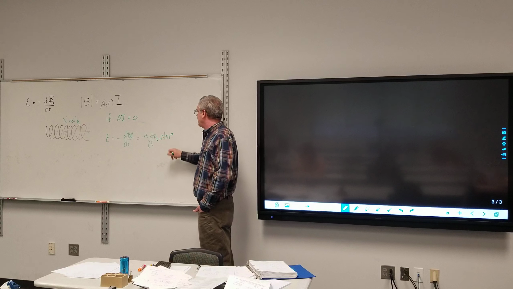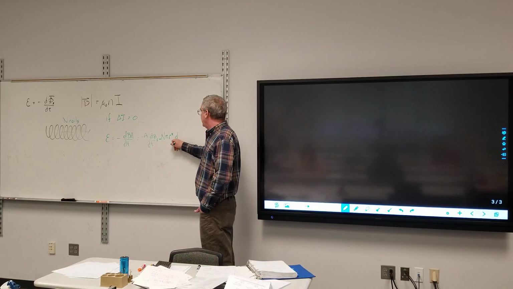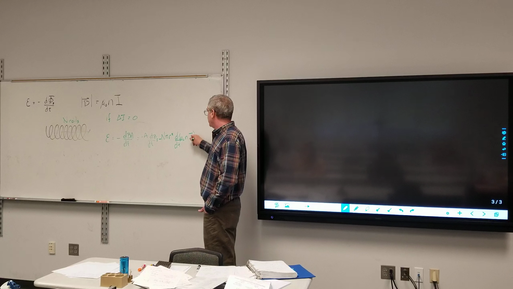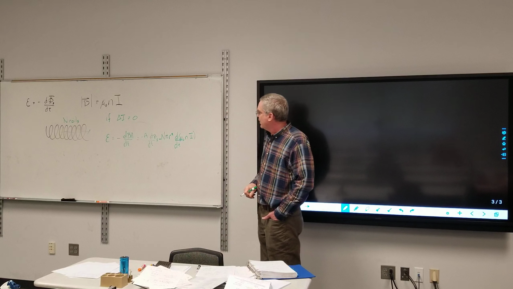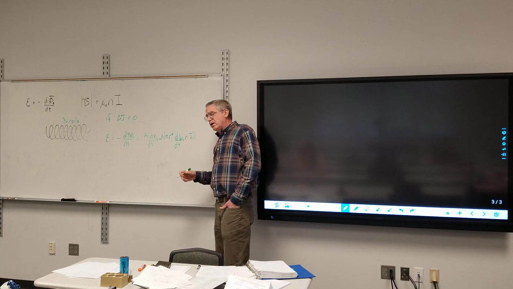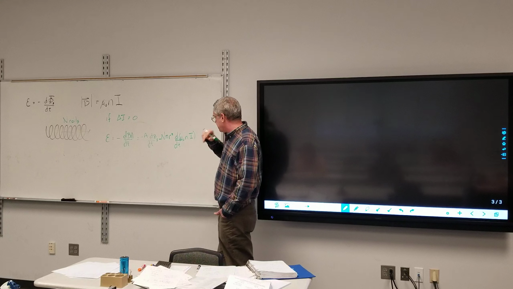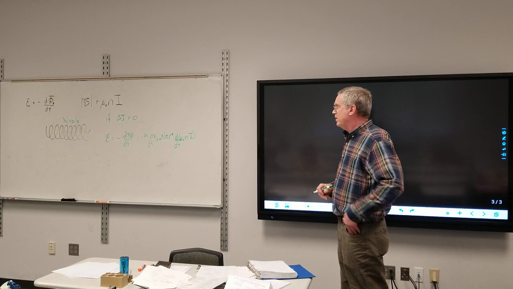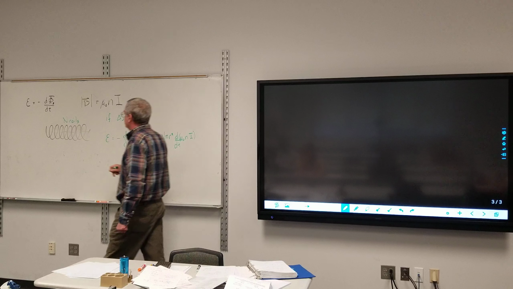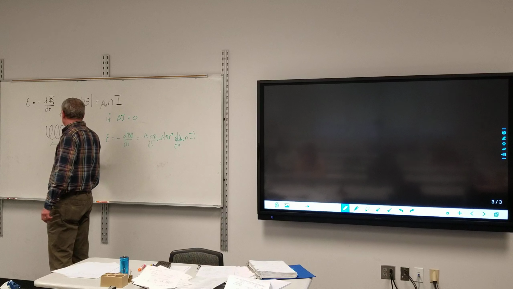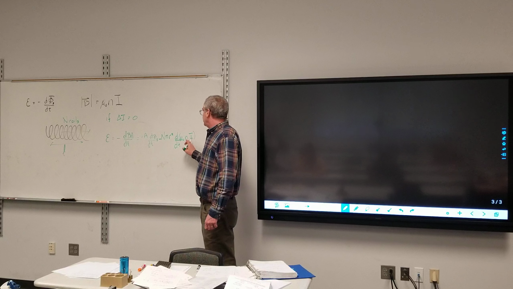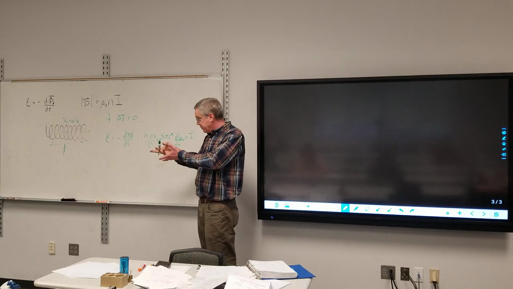So I have negative times dB/dt, and the magnetic field is mu naught little n, the coil density, times the current. Mu naught is constant, the permeability of free space. Little n is the coil density, the coils per unit length, so N coils over the length L. That's a constant for a particular geometry.